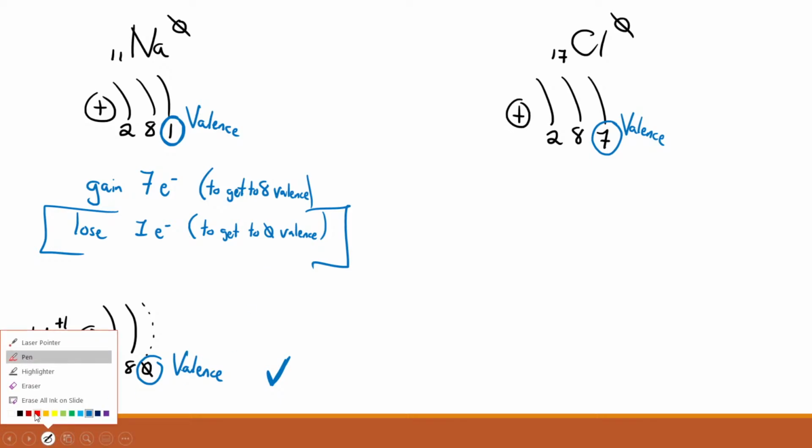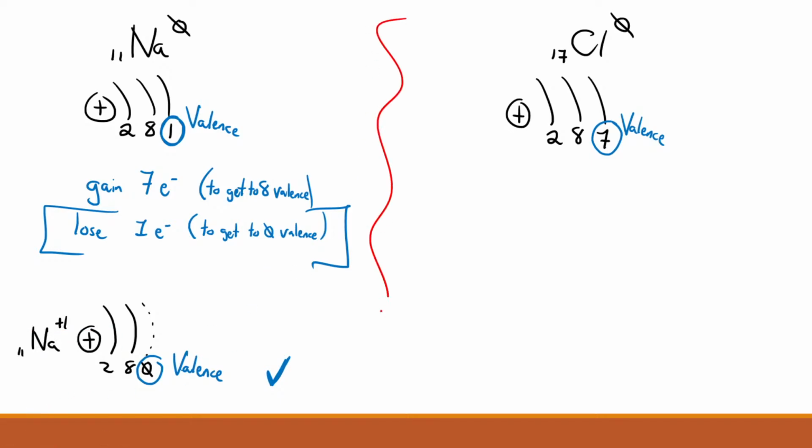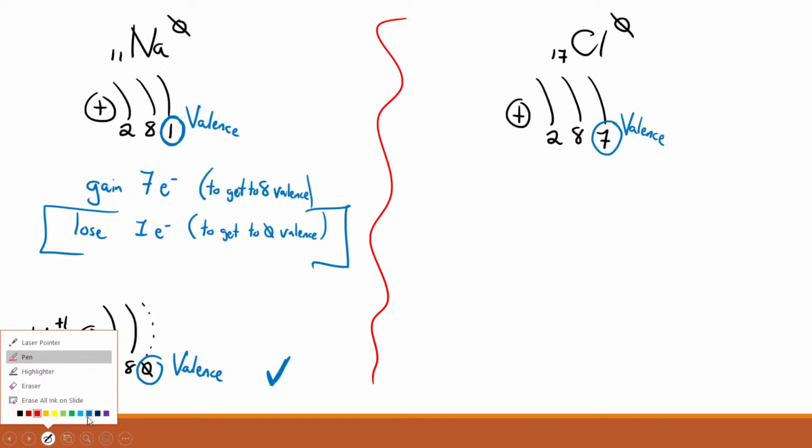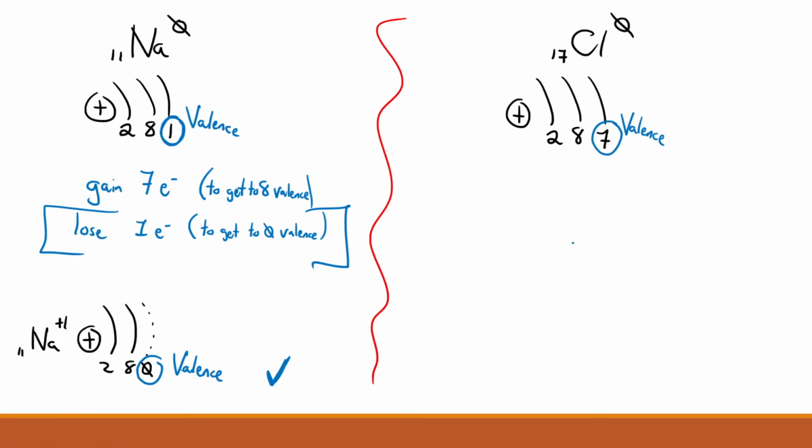Let's take this whole process over to chlorine. Chlorine has 7 valence electrons. And so it has 2 options. It can gain 1 electron to get to 8 valence, or it can lose 7 electrons to get to 0 valence.